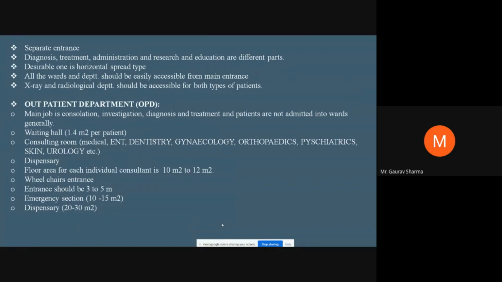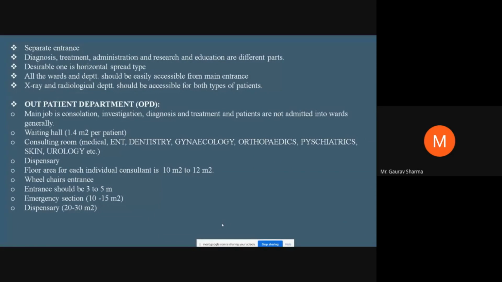Proper care should be taken for the entrance, and the entrance must have facility for wheelchairs. That means we have to provide a ramp there with proper slopes. The entrance should be 3 to 5 meters wide first of all, and it should have a headroom of at least 7 to 8 feet. That is the minimum requirement.